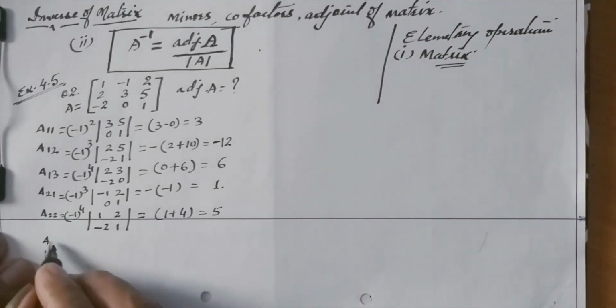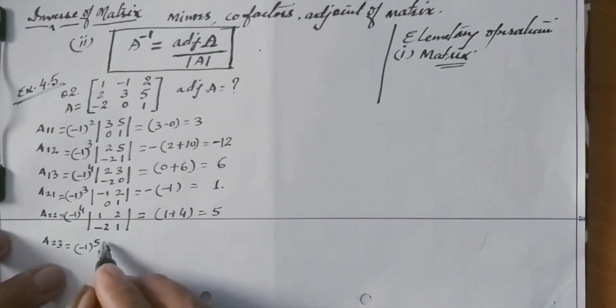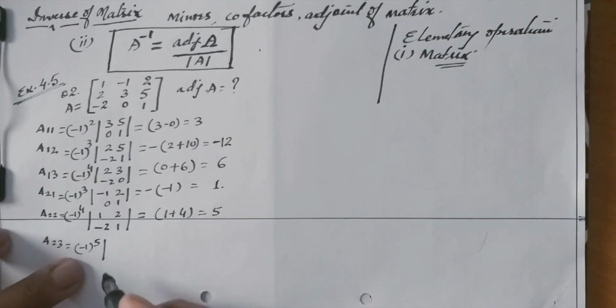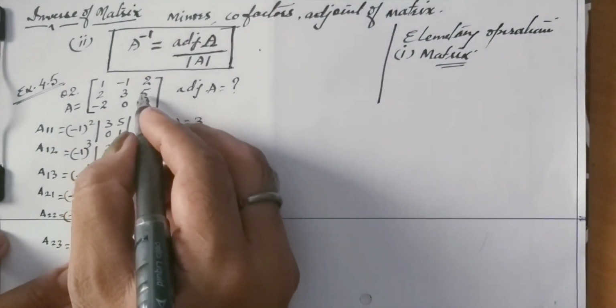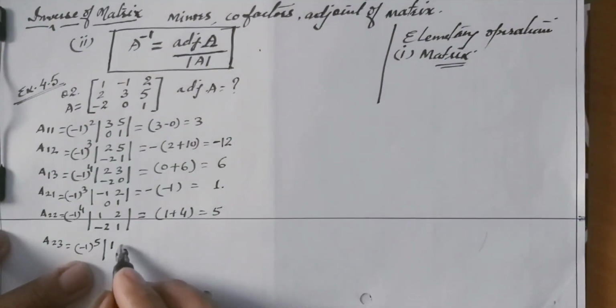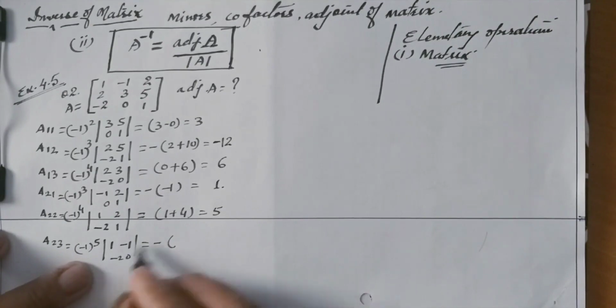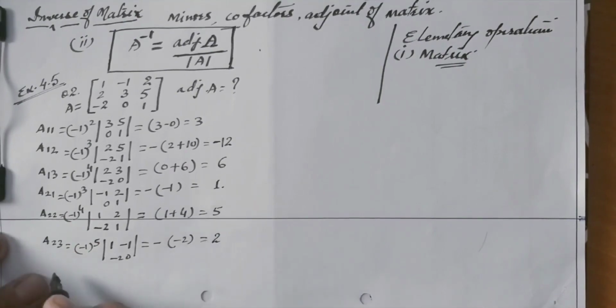Now A23, which is equal to minus 1 to the power 5, that is 2 3, so this 5 we are talking about. So leaving this way, 1 minus 1, minus 2 0. Minus 1 to the power 5 times minus 0 plus 2, minus minus is plus, so the value is plus 2.